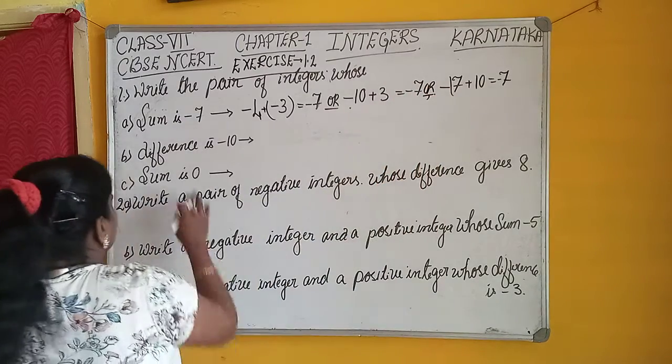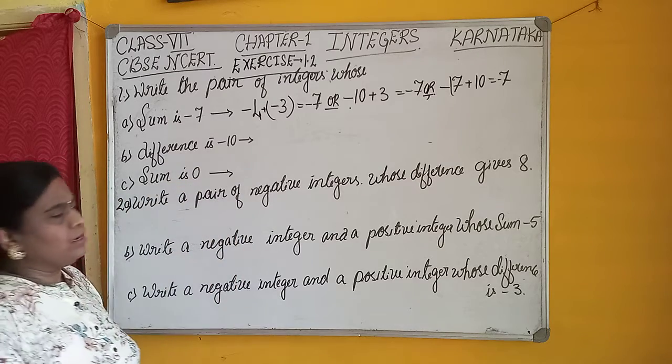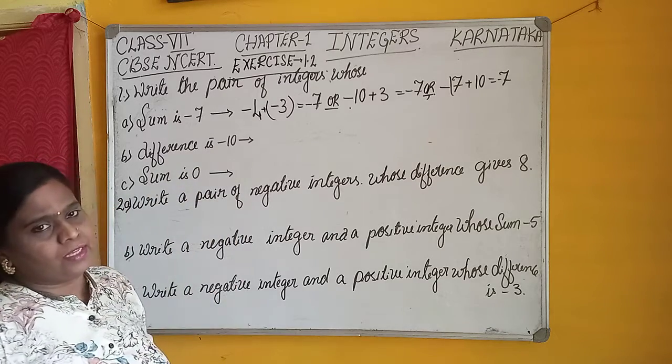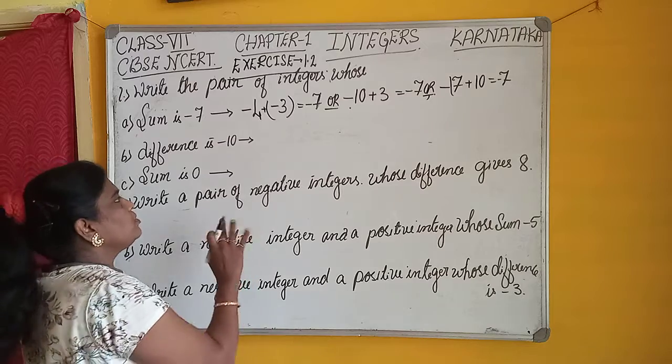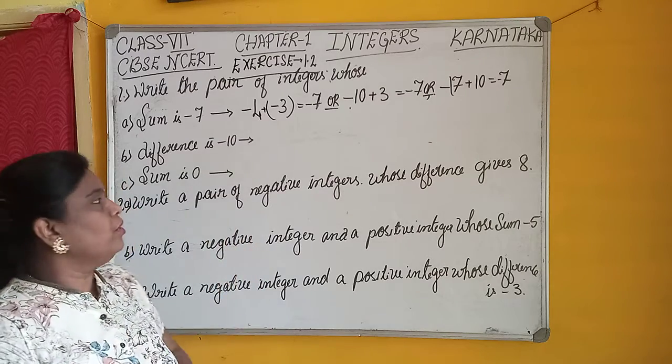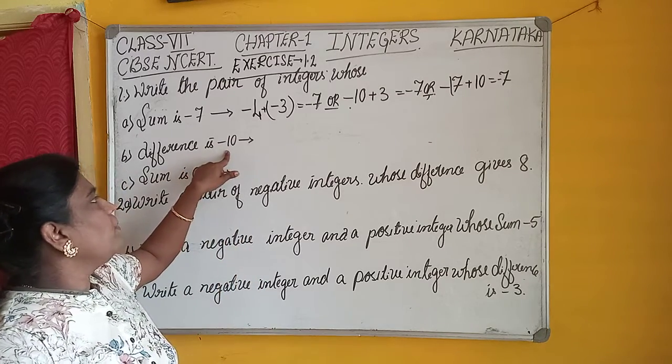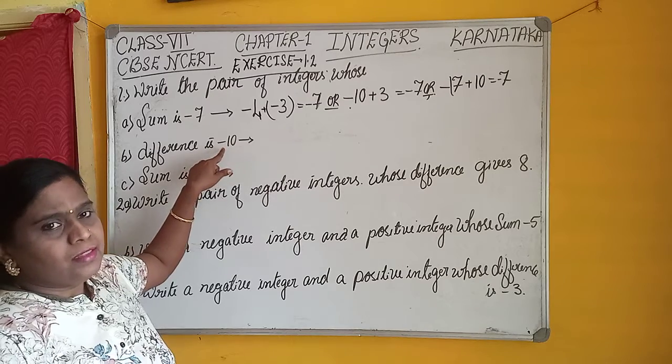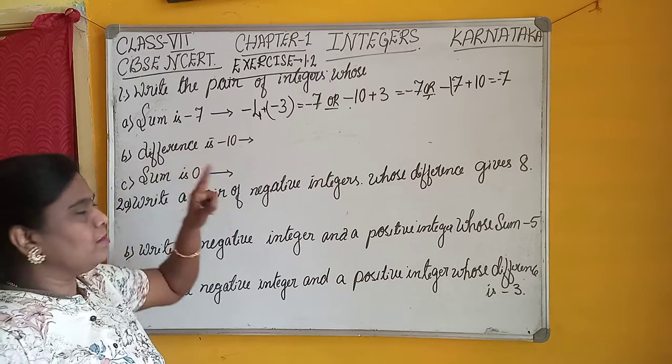Now, the difference is -10. To find the difference, we should take one positive and another negative. Look at the sign of the answer, that is minus, so the greater number should always be the negative.